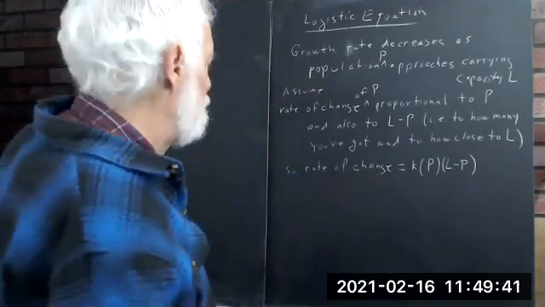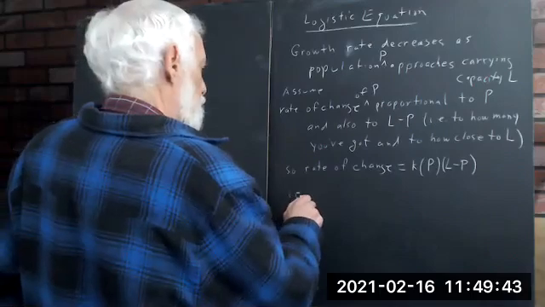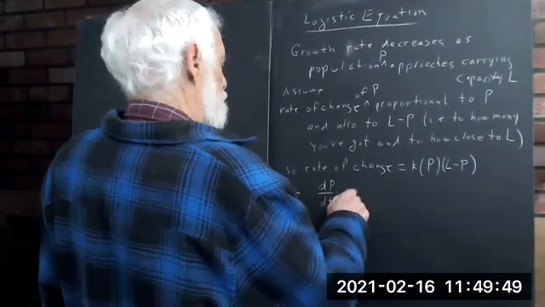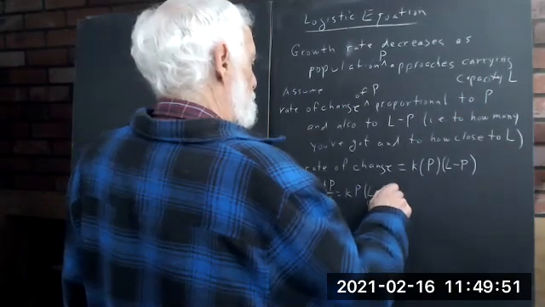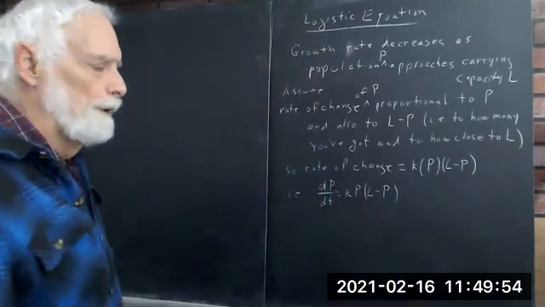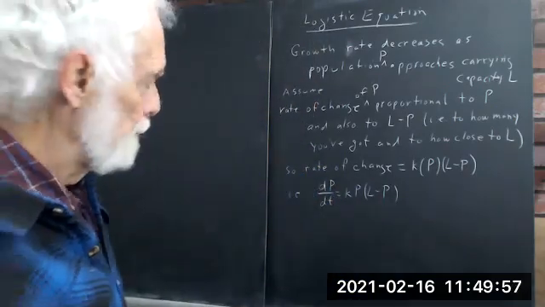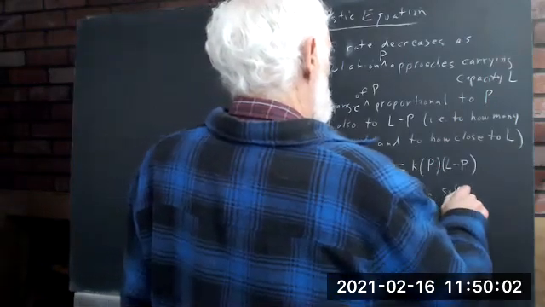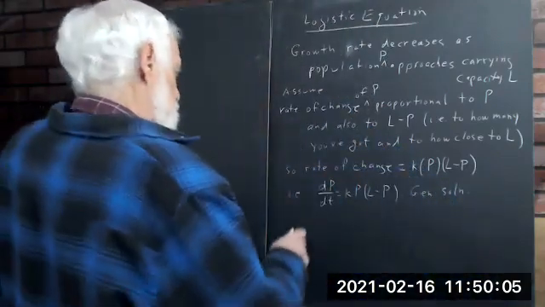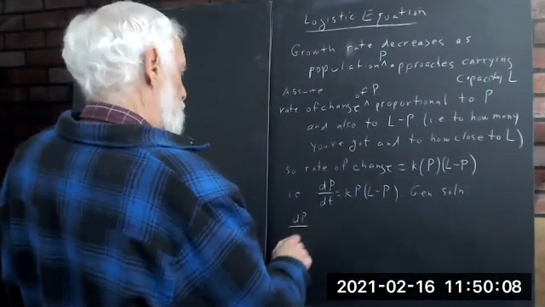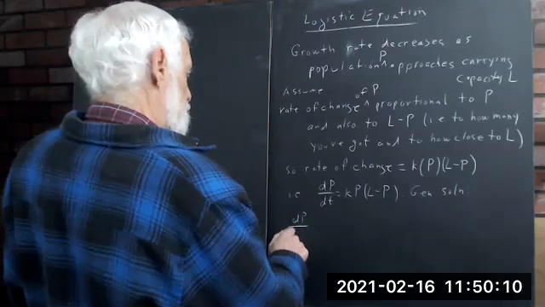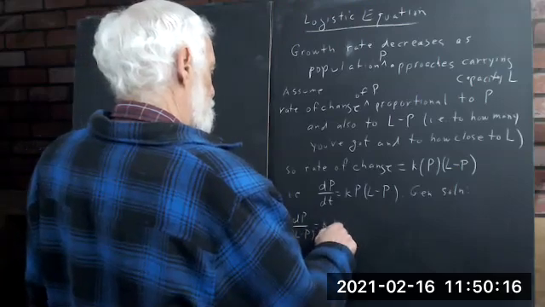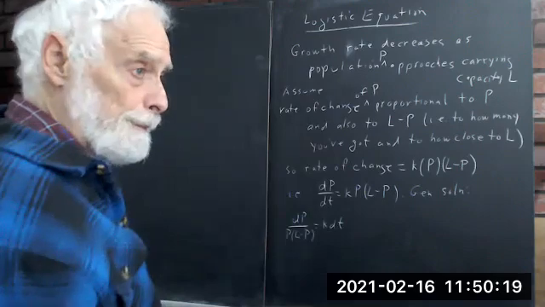Okay, so I get dP/dt is kP times L minus P. General solution, then I'm going to have this.